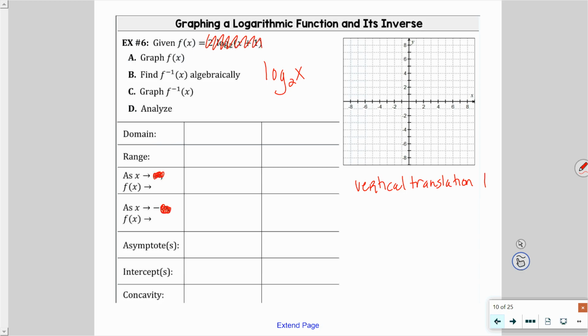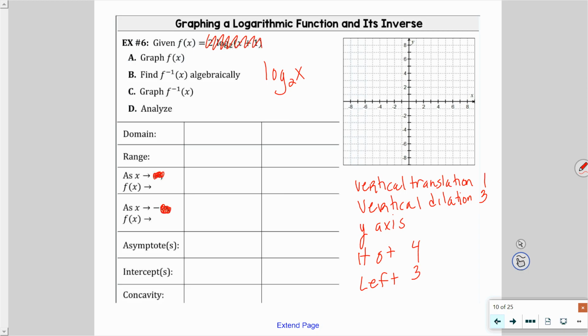So vertical translation of 1, vertical dilation, dilation and a left 3.